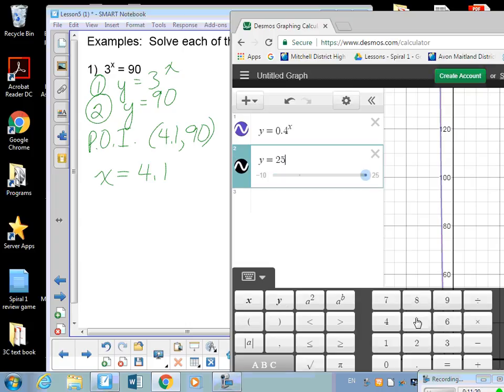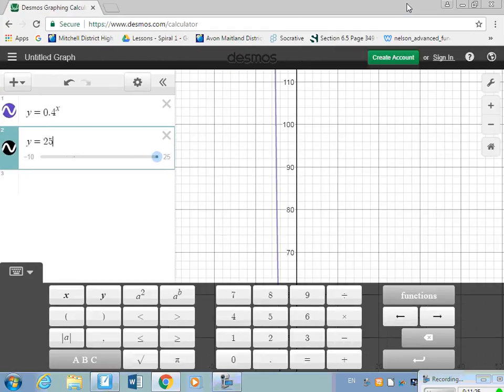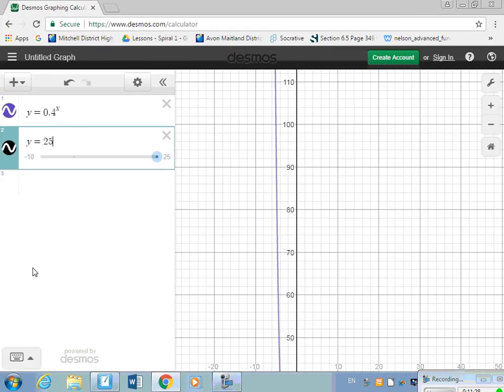Okay, again, I'm just going to have Desmos up for us to look at. Again, where is the point of intersection? Well, we have to look for it a little bit.